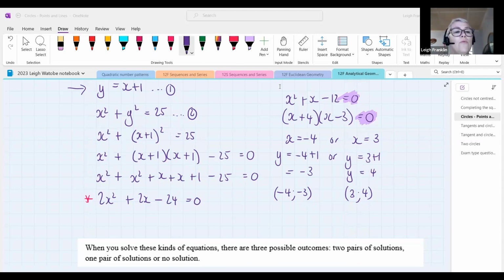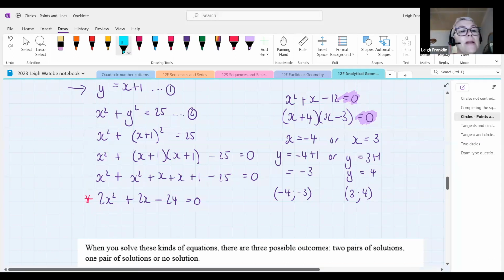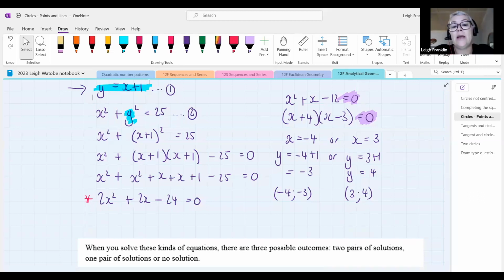As the young man at the beginning said, we replaced the y with what? y is equal to, because we can't have an equation with x's and y's in it and then solve it. We can only solve for one letter at a time. So we're going to solve for x first and then go back and solve for y afterwards.